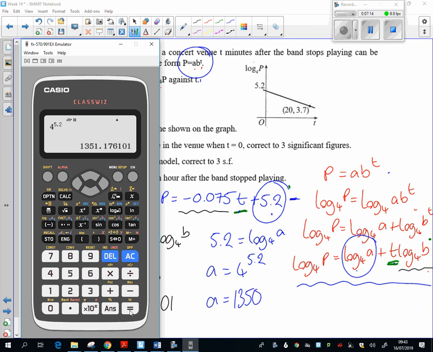And actually, that's not a coincidence that that's the same as your answer to part B of this question, because if you look back to the exponential, a is going to be what you get when t is 0. If you think about that, if you sub 0 in for t, b to the power of 0 is going to be 1, so a will be the initial population. So actually we did a bit of extra work there because we did already know what a was.